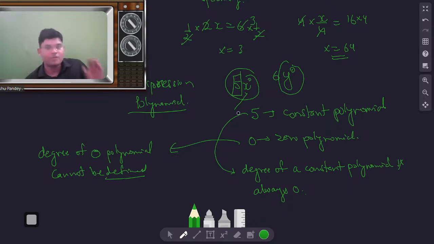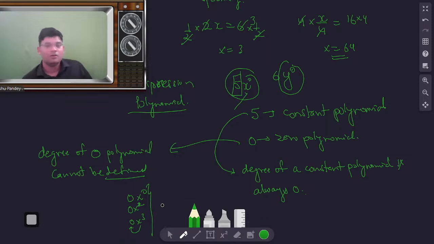We can have the expression with the variable power 0 as well. But what about the 0 polynomial? Can I write 0 as 0x to the power 0? I can also write 0 as 0x to the power 2, or 0x to the power 3, because any number multiplied with 0 will give you 0. So the degree is not defined. You cannot define a particular degree. Is it this degree, sir?